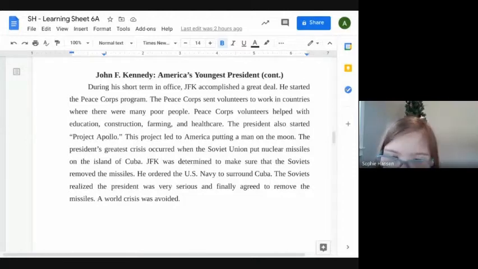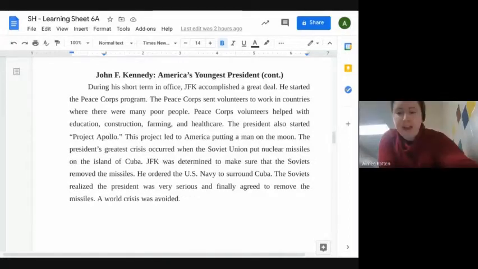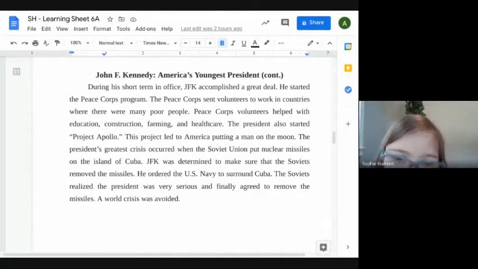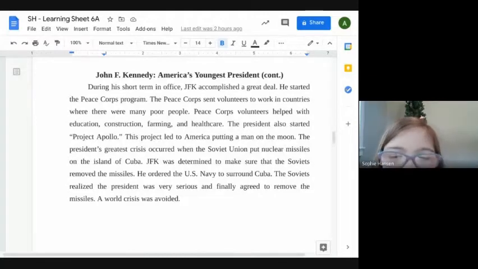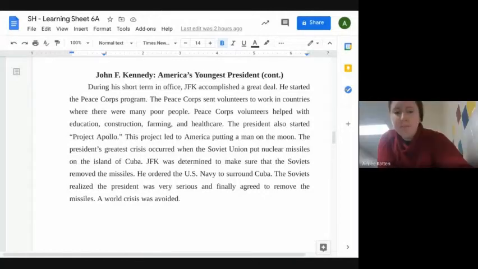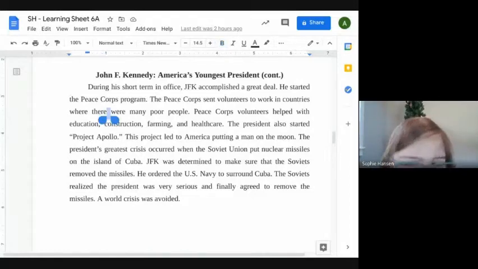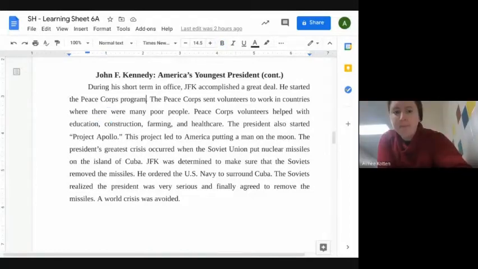During his short term in office, JFK accomplished a great deal. He started the Peace Corps program.